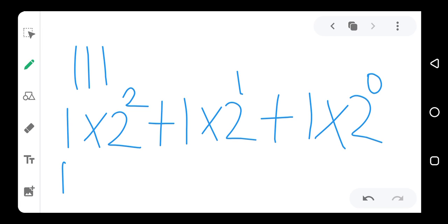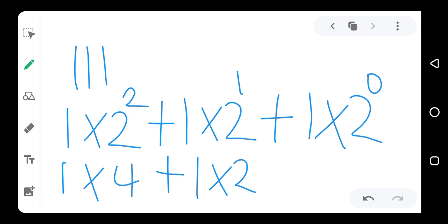So we have 1 times 4 plus 2 raised to power 1 is 2, so 1 times 2. Then plus 2 raised to power 0 is 1. That is 1 times 1.